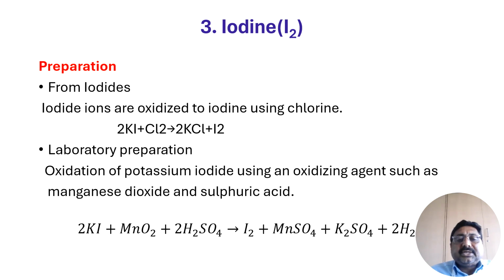See the next compound, iodine, is another important compound. The formula is I2. It is obtained in laboratories from iodides, potassium iodide with chlorine oxidation. On laboratory large scale, it is prepared by the oxidation of potassium iodide using an oxidizing agent such as manganese dioxide and sulfuric acid, and we will get iodine, right?